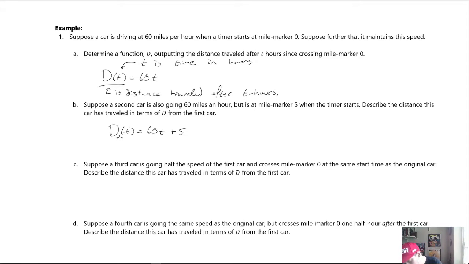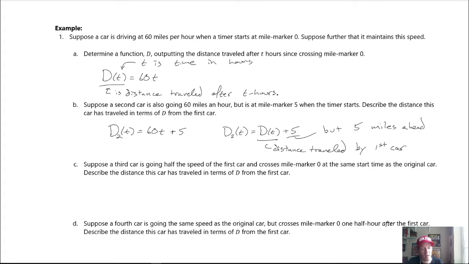And instead of writing the whole thing out like that, we are just going to write it as d2 of t equals d of t plus 5. It's the original distance, simply adding 5 miles onto it. Distance traveled by the first car is d of t, but 5 miles ahead.